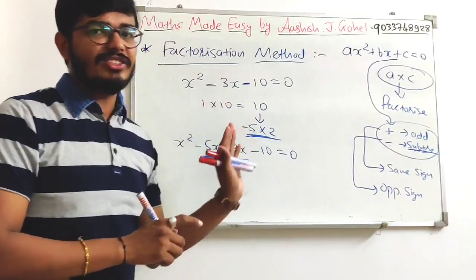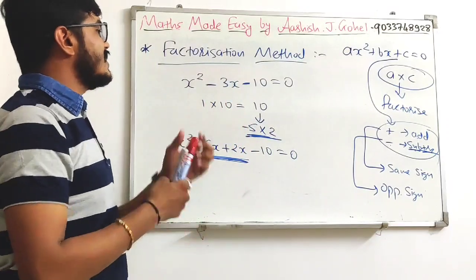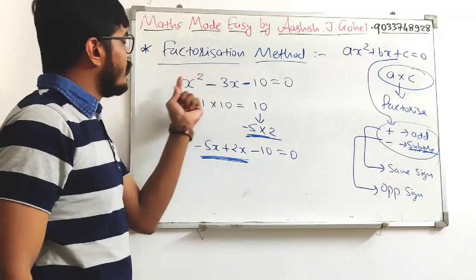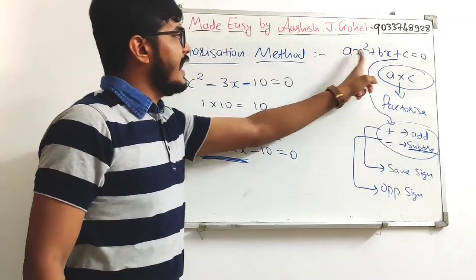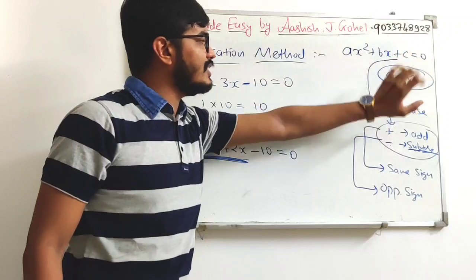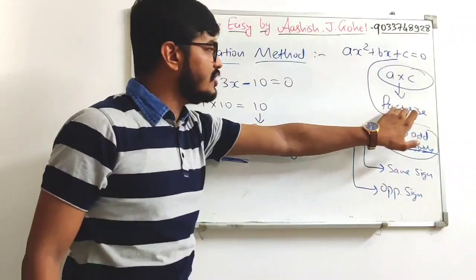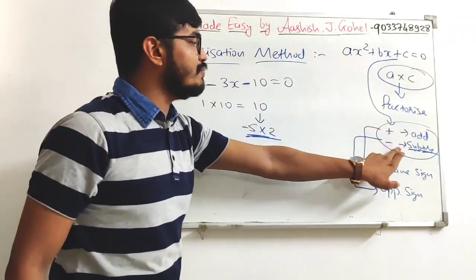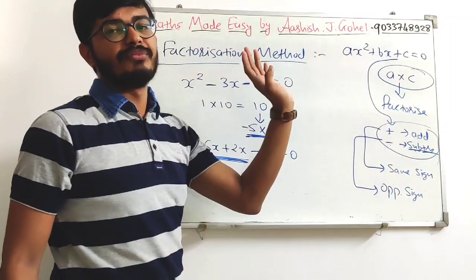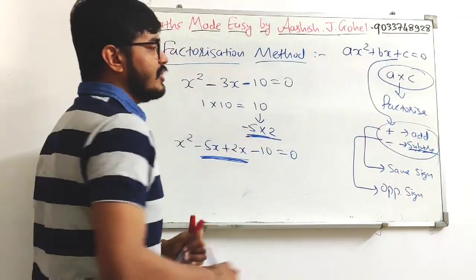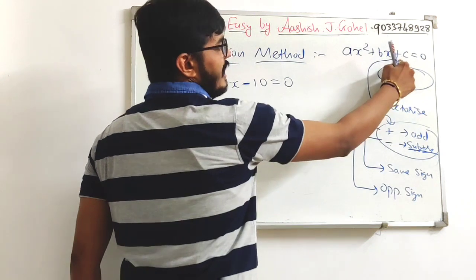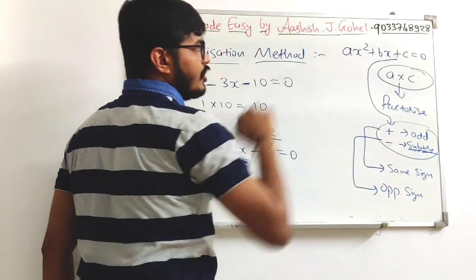So the procedure is like this. Again, understand this method well. Say these 3 terms are given. 1 into 10 is there because we take a and c. After that we factorize it such that the addition or subtraction of the factors will give you the middle term. We take addition whenever a positive sign is there. If negative, then we take the subtraction of the factors.